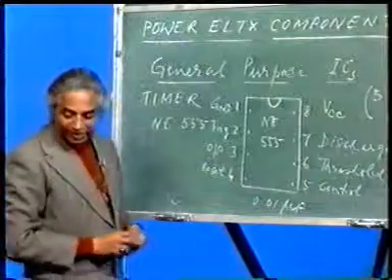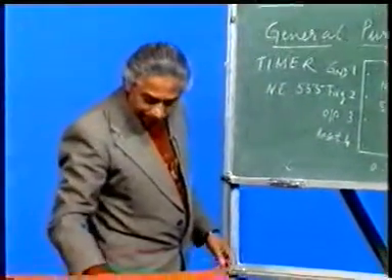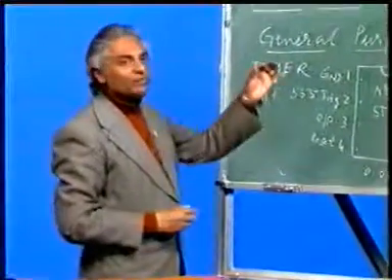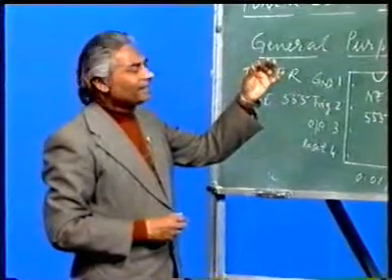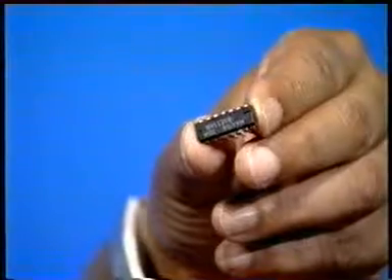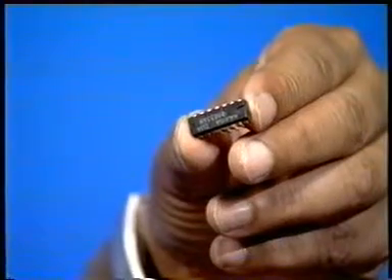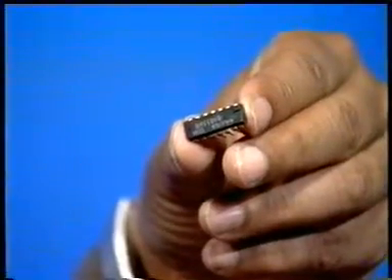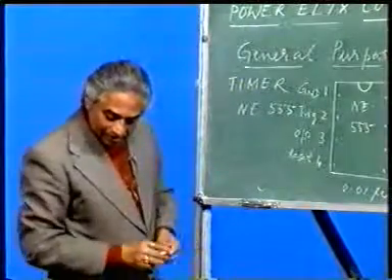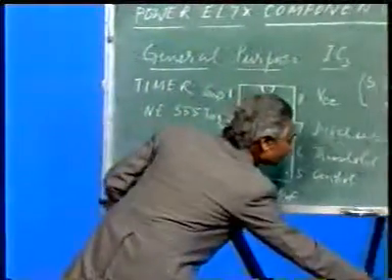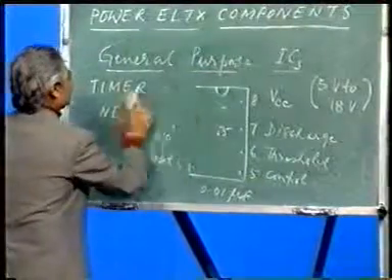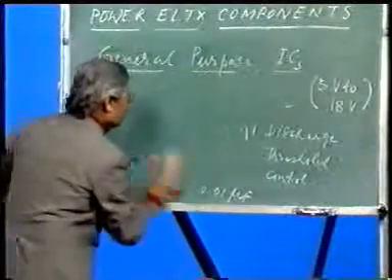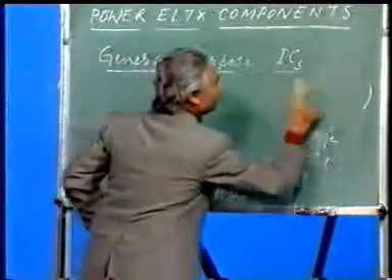There are 14 pin ICs like this, and you can see there are 1, 2, 3, 4, 5, 6, 7 pins here and again 7 pins here. So in all there are 14 pins. I can draw the pin diagram for it.